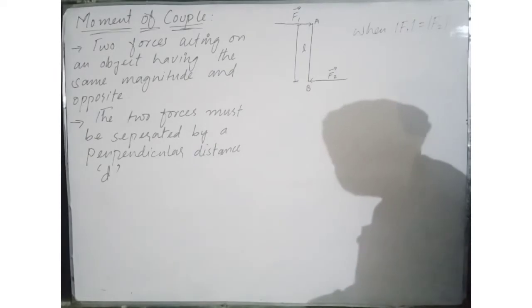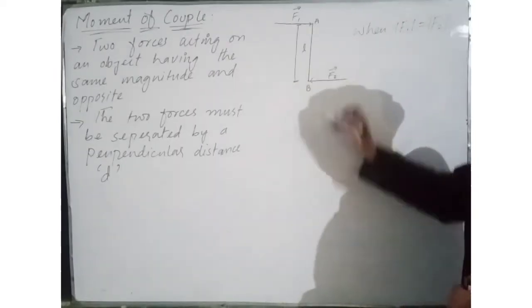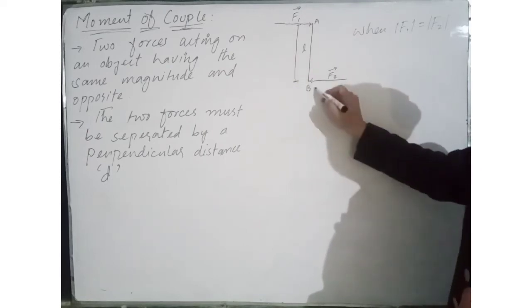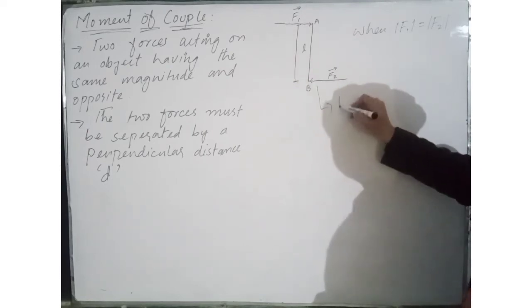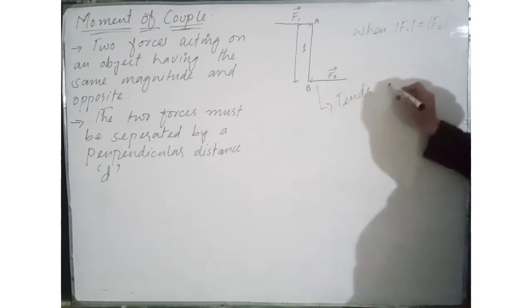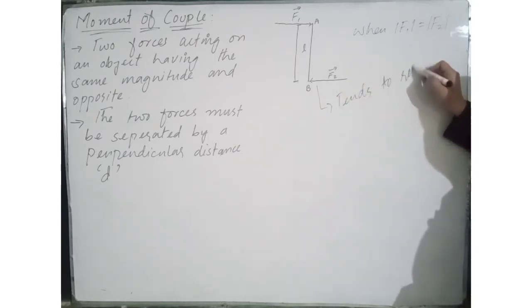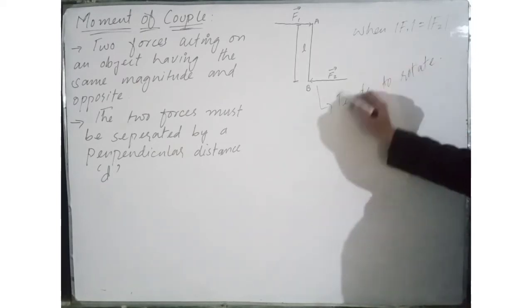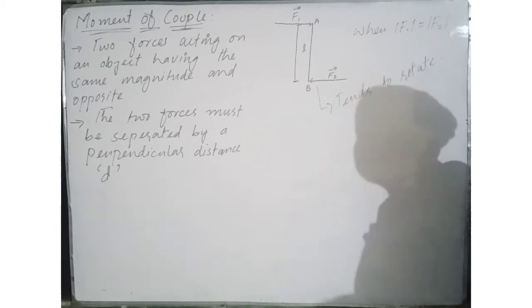Now what is meant by moment of couple? Because of these two forces, this object tends to rotate. This turning effect or rotational effect of the couple is what we call moment of couple.